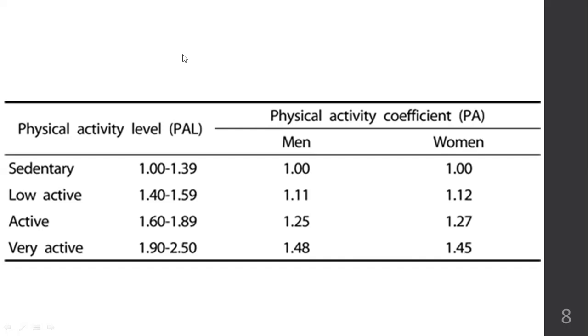So to calculate the physical activity level of a person, the numerator is total physical activity ratio hours.